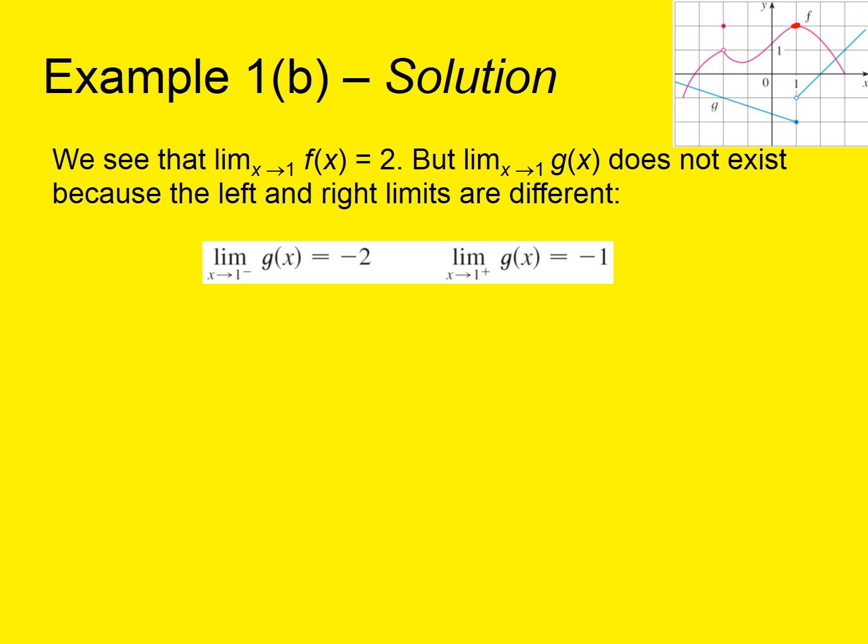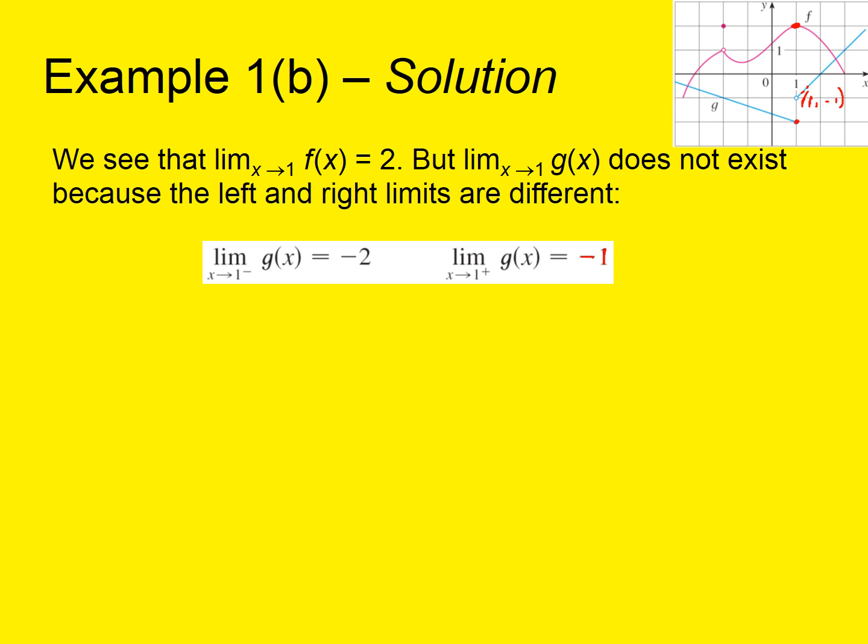The left hand limit was -2. The right hand limit is -1 because this endpoint here is the point 1, -1. So that's how we get this -1 right here.